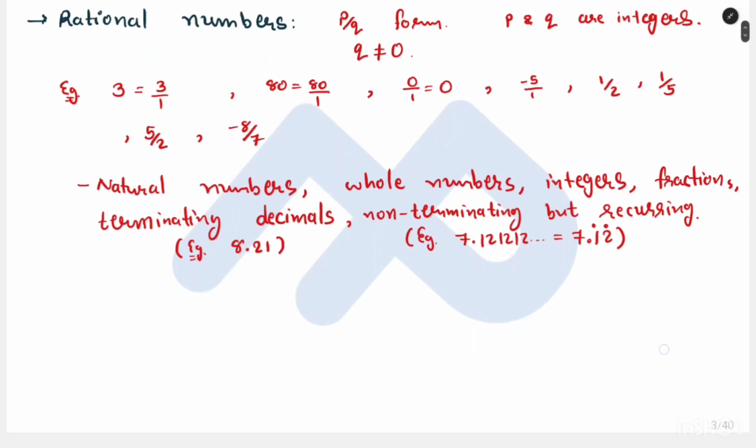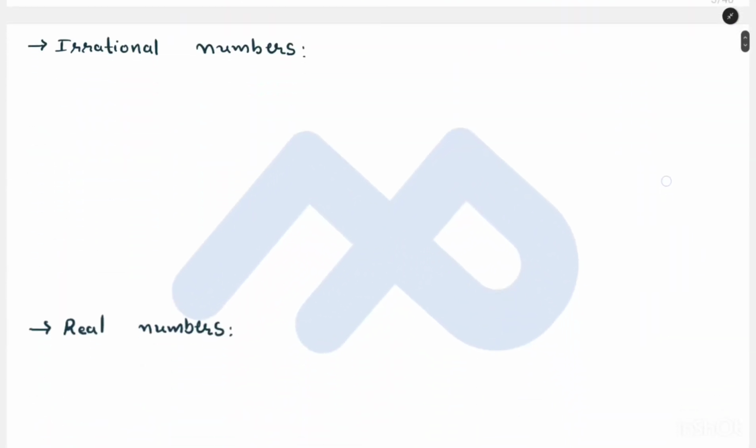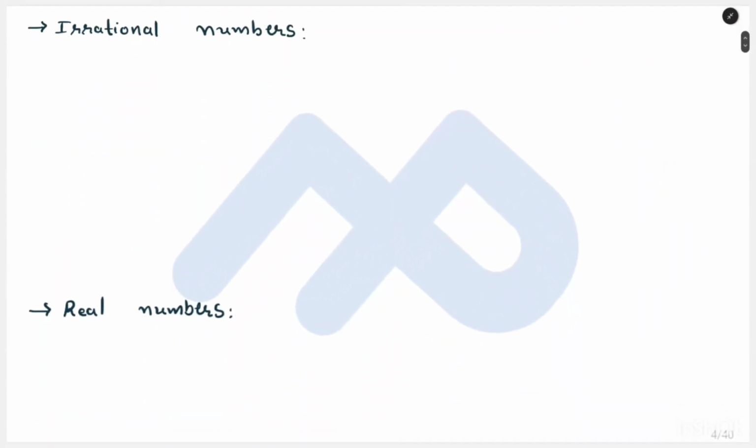Okay, so this takes me to the next classification, that is irrational numbers. Irrational numbers are basically those that are not rational, which cannot be converted into p by q form.